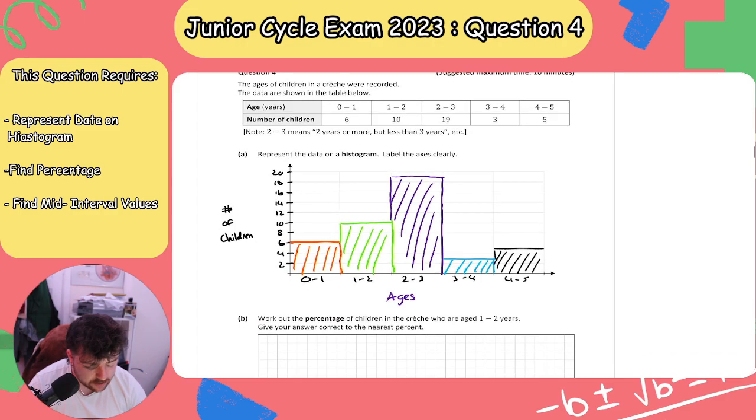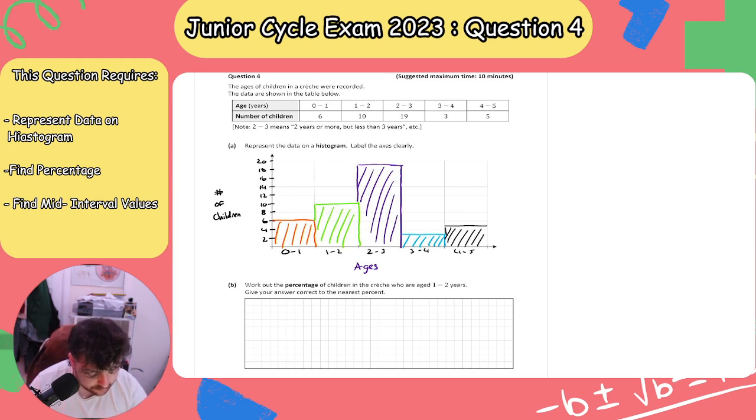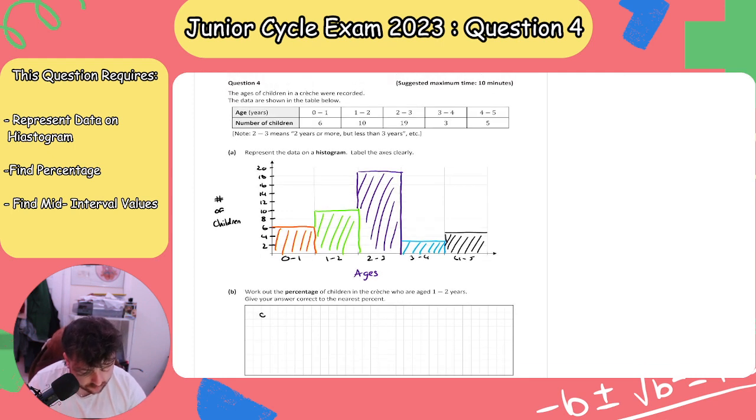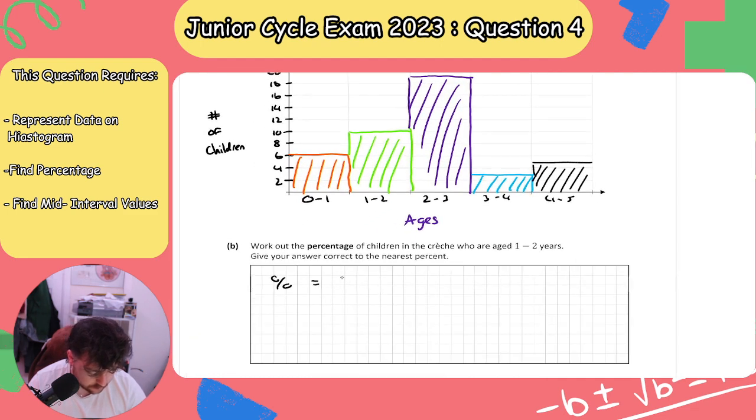Work out the percentage of children in the creche who are aged 1 to 2 years. Give your answer correct to the nearest percent. Remember, to find a percentage of something, it's how many we have over the total number of children.